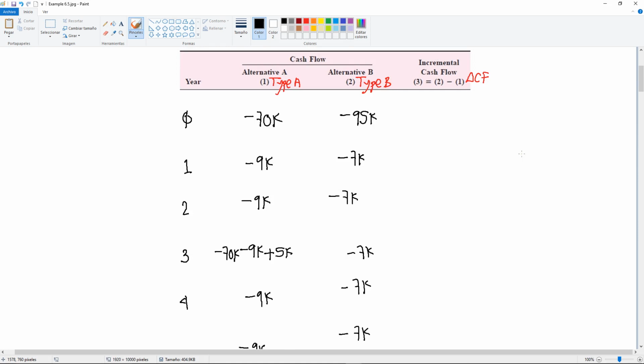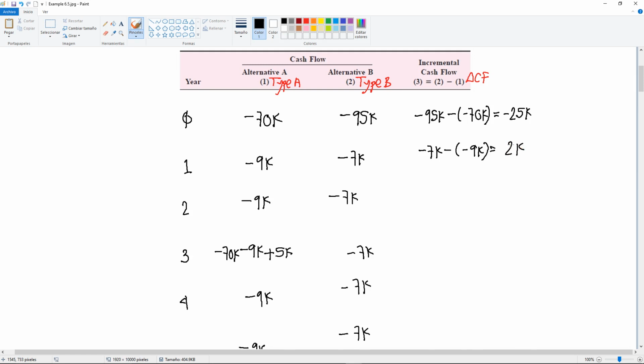Now we are ready to calculate our incremental cash flow, which is basically column 2 minus column 1. So in the first one we're going to have minus 95,000 minus 70,000, which is going to give us minus 25,000. Then the next one, minus 7,000 minus 9,000. This one is going to give us 2,000.